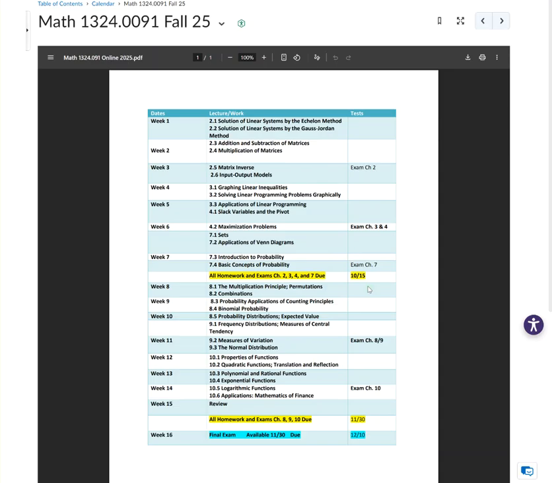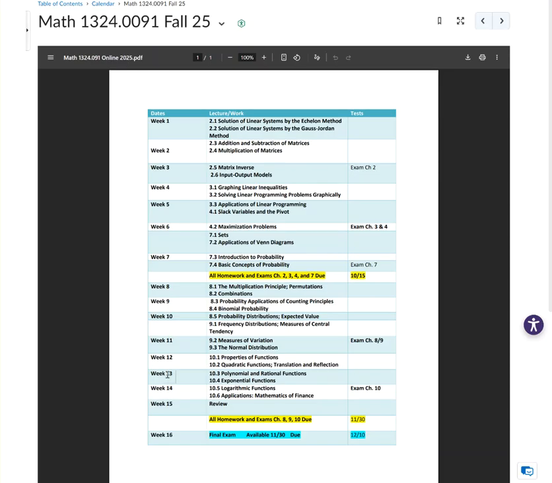And so down here by October 15th, all homework and exams for Chapter 2, for Chapter 3 and 4, which is one test, and 7, that's all due by October 15th. So you have this much to do before October 15th. And the tests won't open till the homework's done. So, and you could work and get ahead, but it has to be done by October 15th.